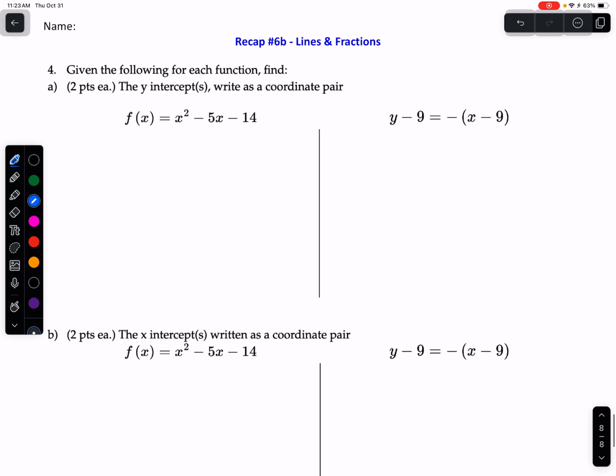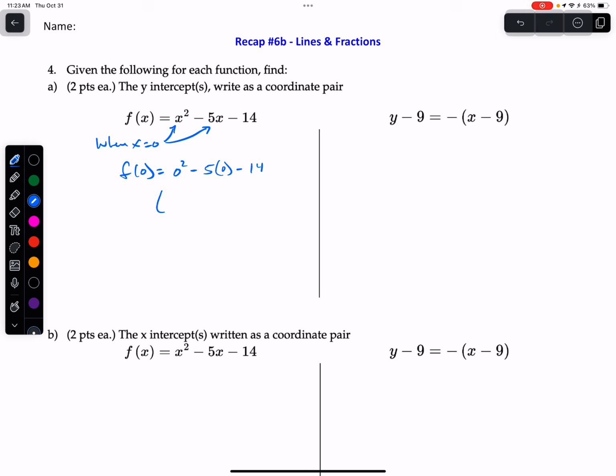There's the 6b version. The y-intercepts happen when x equals 0, so we're putting that there and there. So f of 0 is 0 squared minus 5 times 0 minus 14. So our point is 0 comma negative 14. And again, where x equals 0 here, we get our y-intercept.